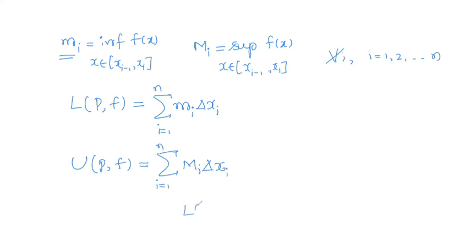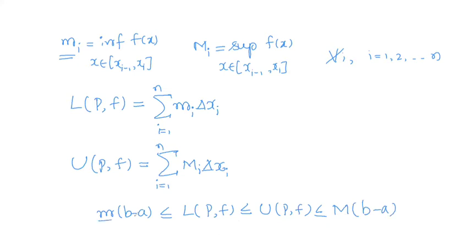Later we observe that these numbers satisfy the inequality: small m into b minus a is less than or equal to LPF, which is less than or equal to UPF, which is less than or equal to capital M into b minus a, where small m is the lower bound and capital M is the upper bound for f of x as x varies over the closed interval a comma b.